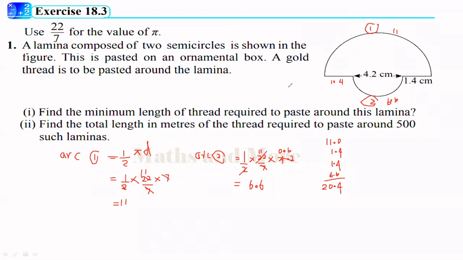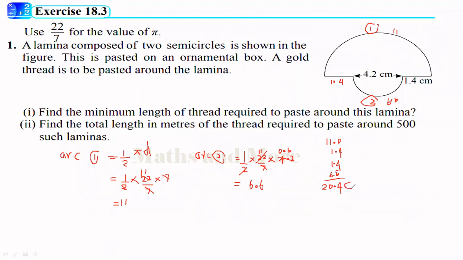What should be the answer? 4 plus 4, 8. 8 and 6, 14. 1 goes to the other side. 1 and 1, 2, 3, 4, 4 and 6, 10, 0, 1 and 1, 2. 20.4. Can you understand?